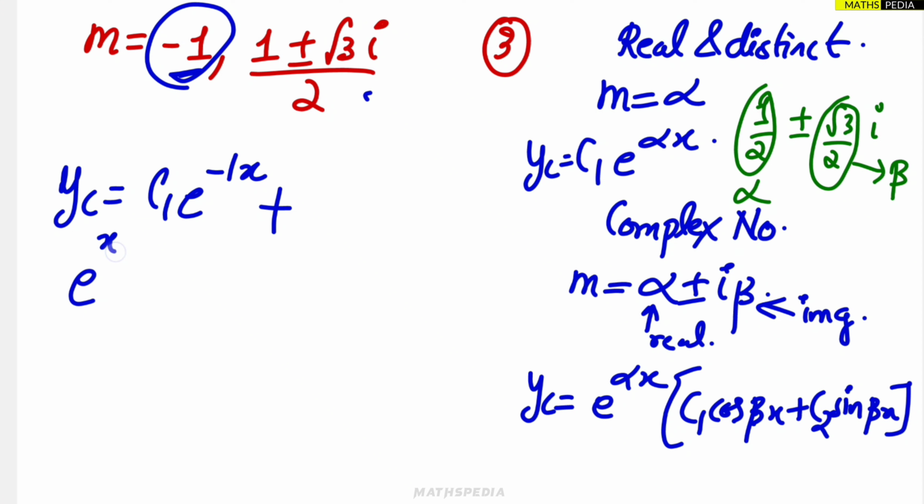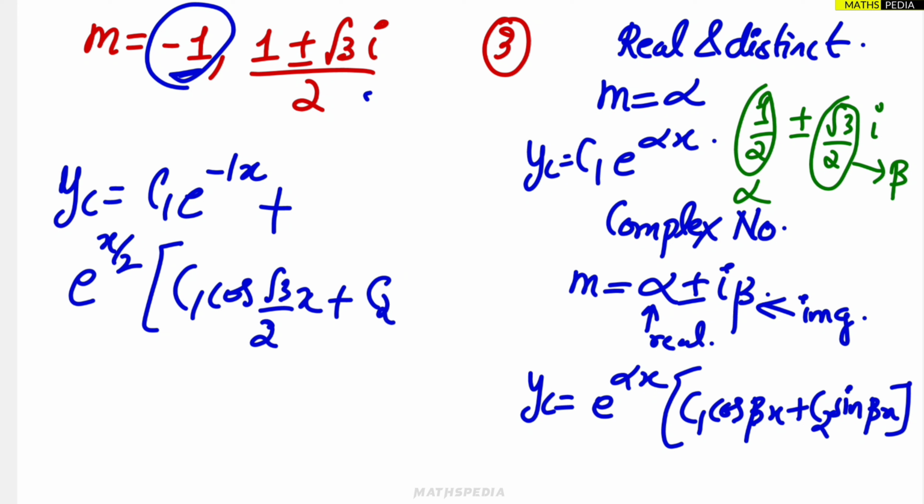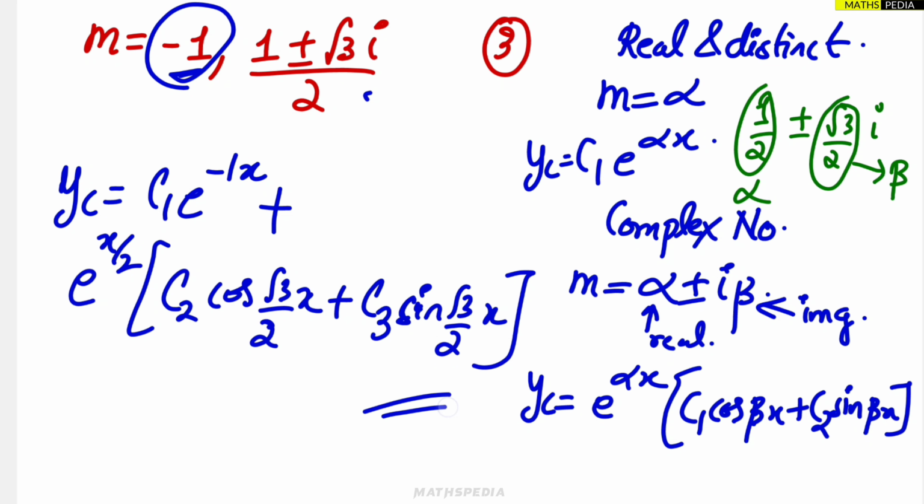So I can write it as e power x by 2 into C1 cos root 3 by 2 x plus C2. No, C1 I have already used, right? So I cannot write C1 again. So I will use C2, but here also I cannot use C2, I have to use C3. So C3 sin root 3 by 2 x. So this is done. So this is YC.